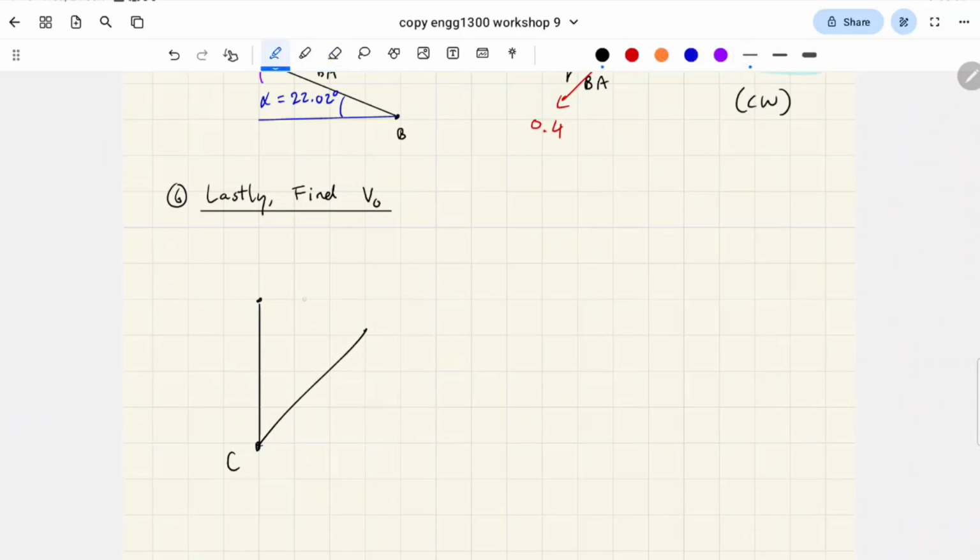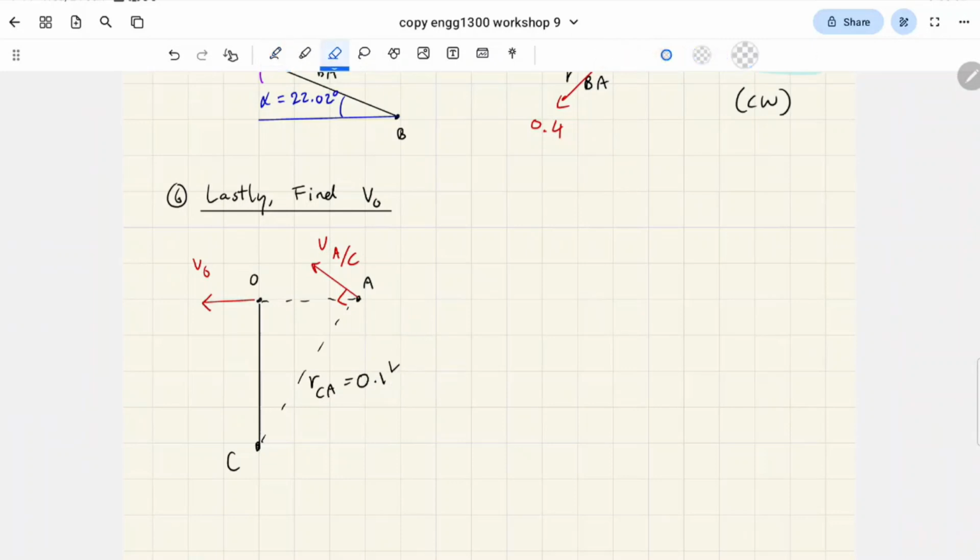And luckily, this step isn't that bad because we're purely just using our understanding of instant centers, right? So unlike the relative velocity analysis, this one is quite chill. So as VO, we knew VOC looked like that, right? It's point O, it's point A, radius, whatever.